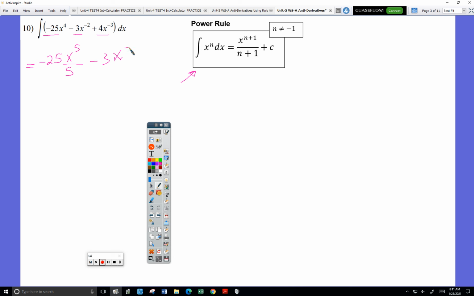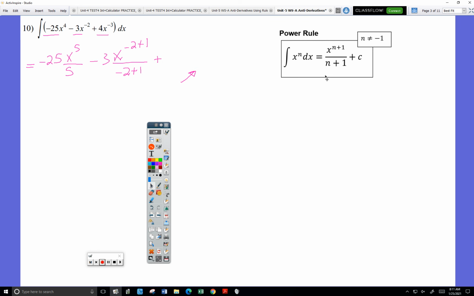Add 1, divide by the same. We'll worry about the C later, but question.